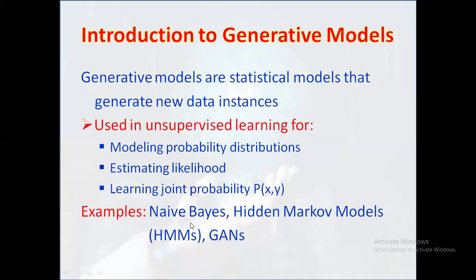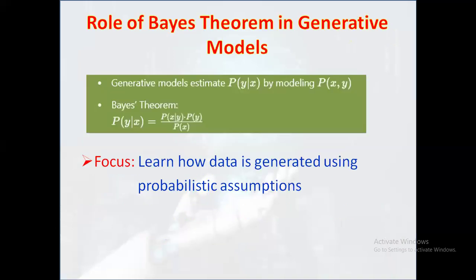And the popular examples of generative models include naive Bayes, which assumes feature independence, hidden Markov models, which we call HMMs, which model sequences, and generative adversarial networks, GANs, which generate highly realistic synthetic data through adversarial training.